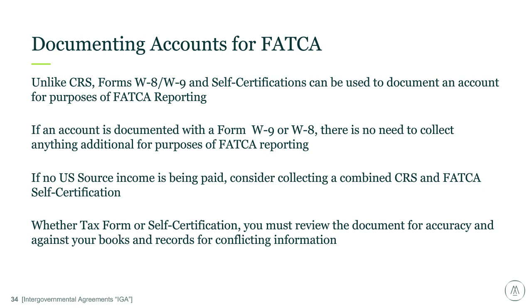So if you are opening up accounts offshore and you have payees where there's just not going to be any U.S. source income, you're not offering them U.S. securities, you can potentially create a combined CRS and FATCA self-cert and kill two birds with one stone here, and have the combined data elements that you would need in a single self-certification, and then nobody has to fill out a U.S. tax form.